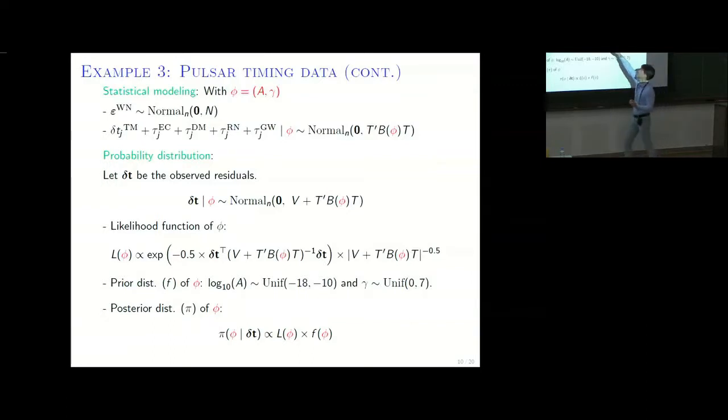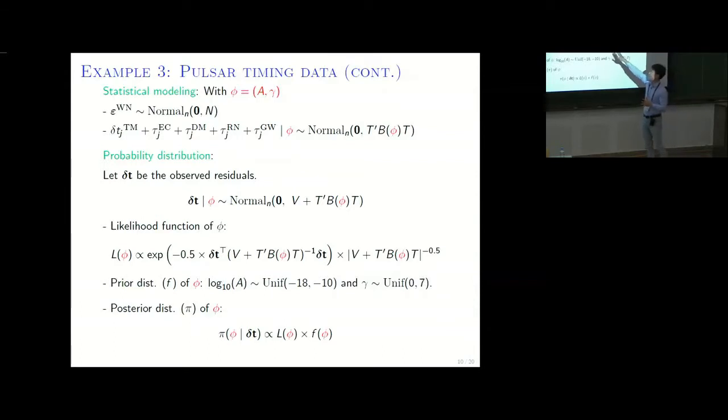And this matrix T is quite complicated, and B is also quite complicated because it uses some physical details of these factors. He modeled this B matrix as a function of parameter phi, which is the amplitude of the spectral density function, and gamma, which is the exponent of the power law of frequency.